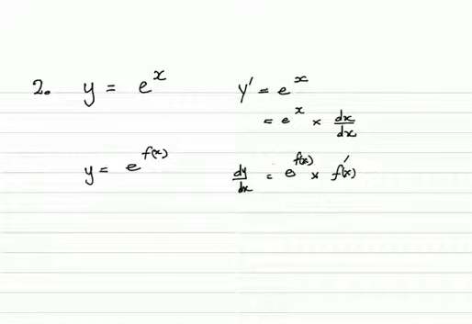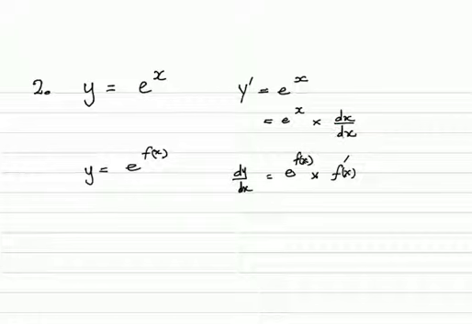Because remember, whenever we differentiate an exponential function, it comes back exactly as it is, and the only new thing is that it's multiplied by the derivative of the argument.